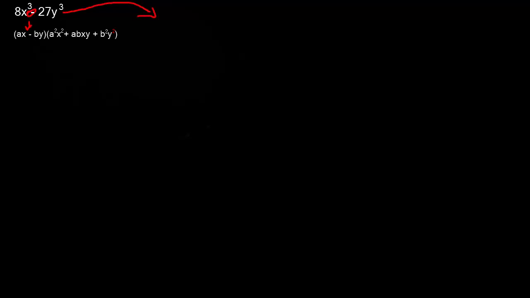Get the ax and the by, so this time you're going to have to cube root everything. You should know what the cube root of 8 is, that's a 2, and then x, and then the 27y cubed, disregard the negative for now. The cube root of 27 is 3, you should know that as well, 3y.